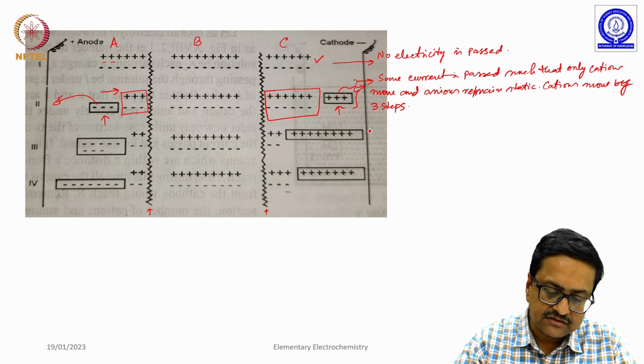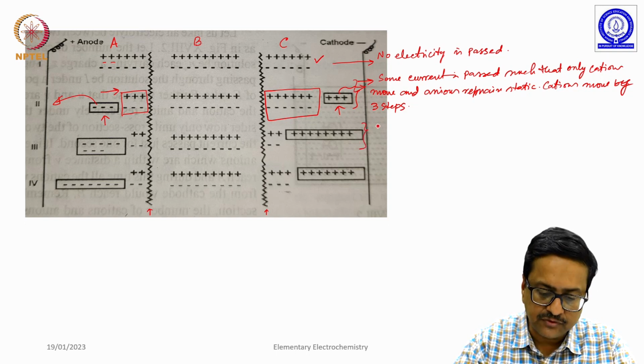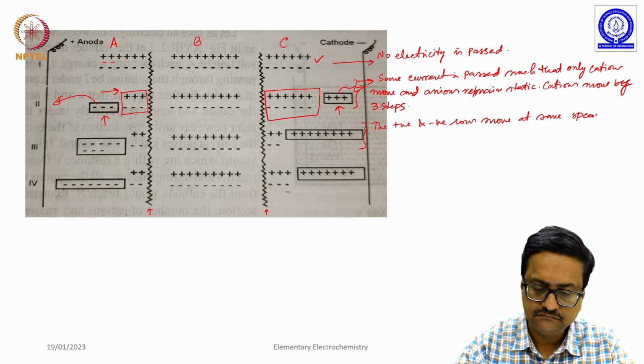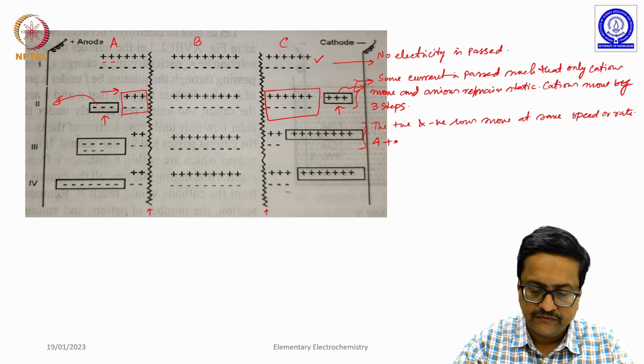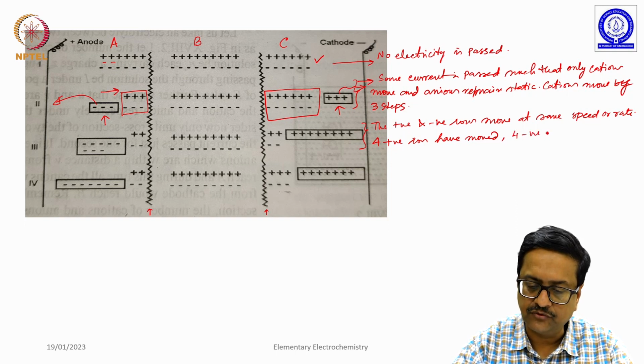Then you consider this third condition. Some current is passed as before, and the positive and negative ions move at the same speed or rate. So, if we assume that 4 cations have moved, then 4 anions also have moved.